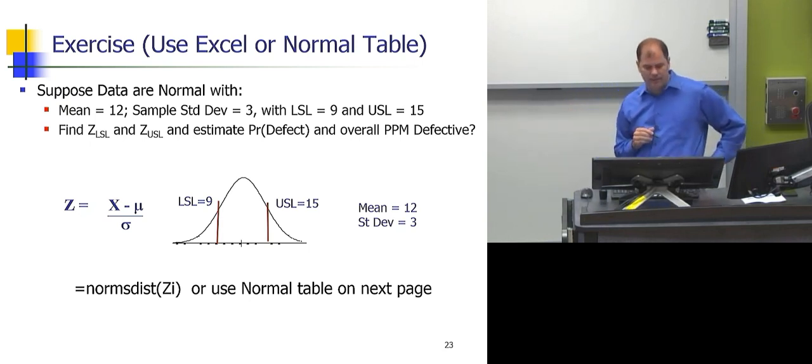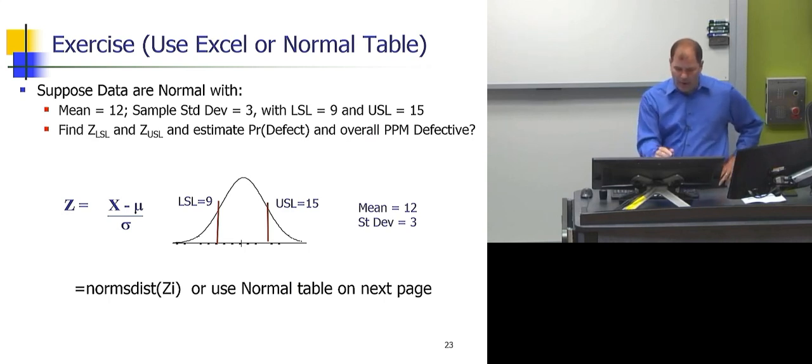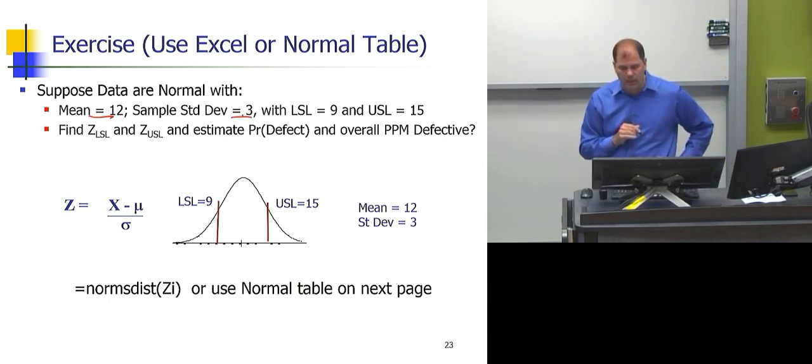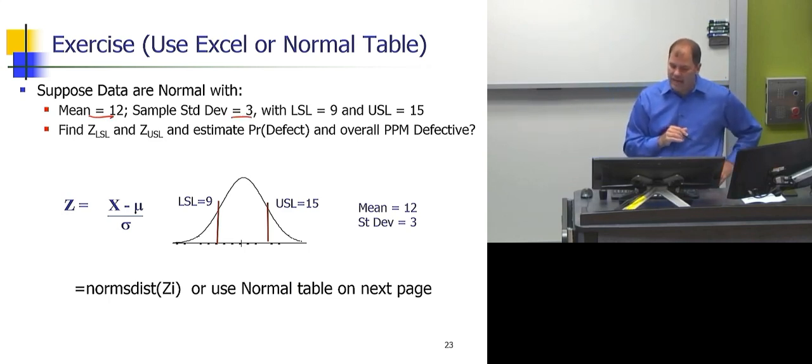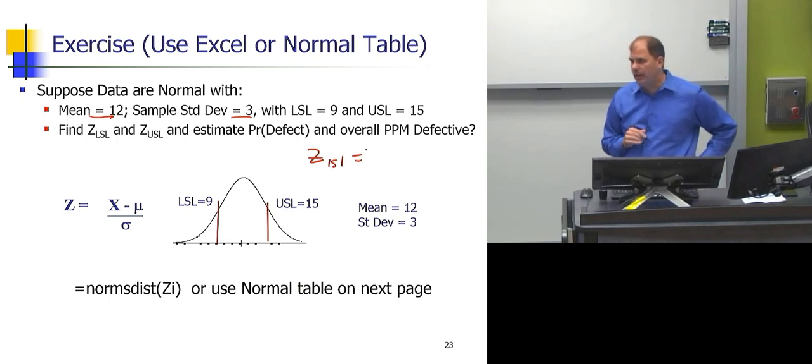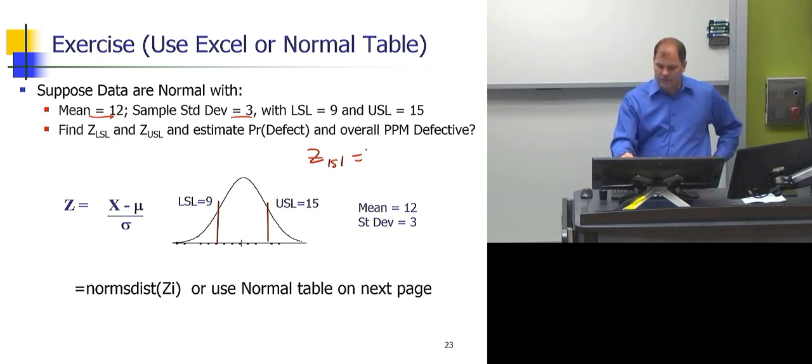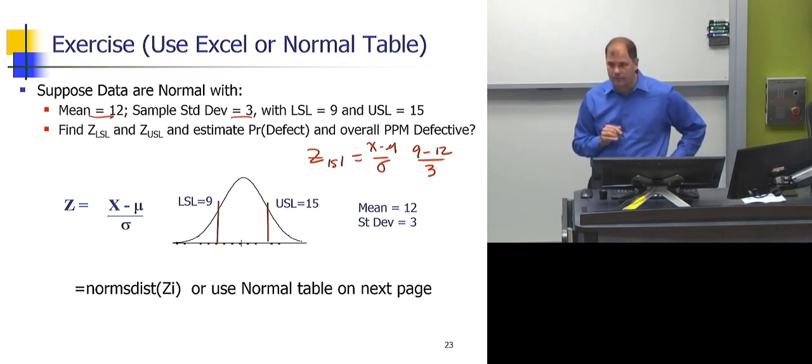For instance, if you went out and you have a mean of 12, a standard deviation of 3, an LSL of 9 and a USL of 15. In order to do that, you would say, well, the z of the lower spec limit is x minus mu over sigma, which means it's going to be 9 minus 12 over 3, correct?